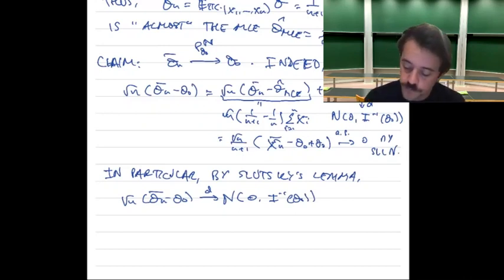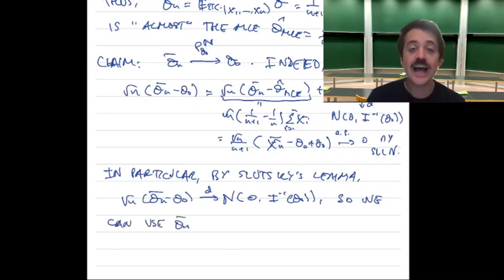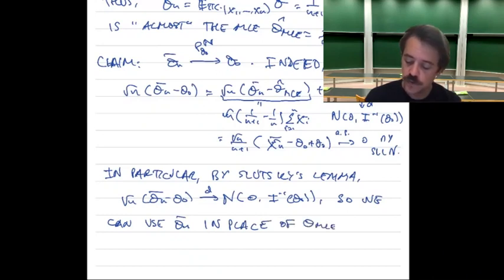And in particular, we can use this theta n hat instead of the MLE, right? And this is of course for estimation, so this is a valid estimator in itself.